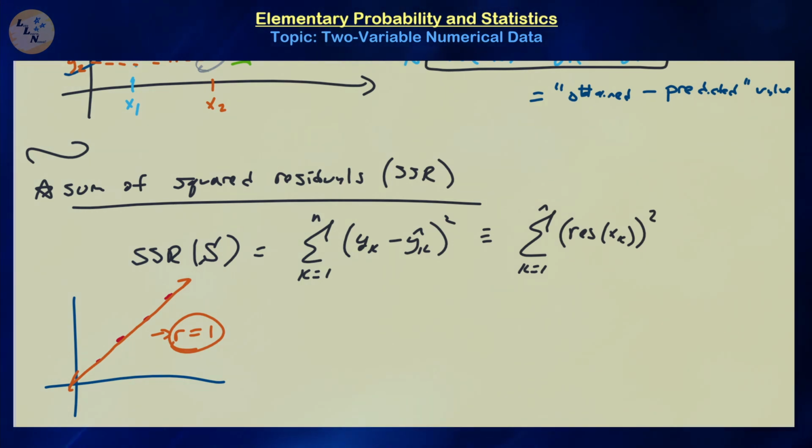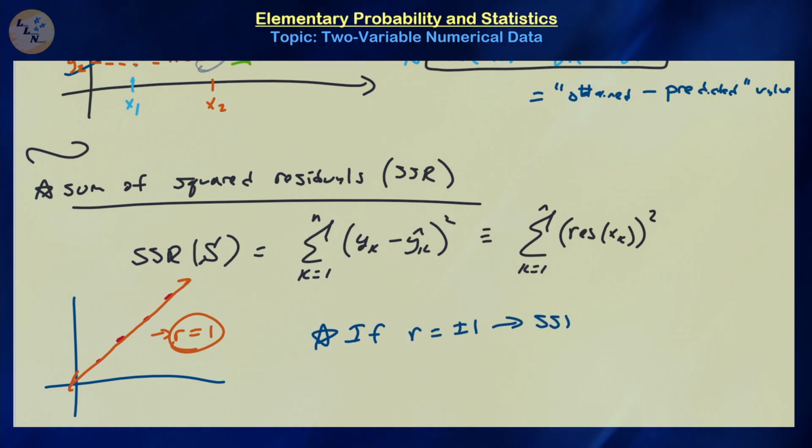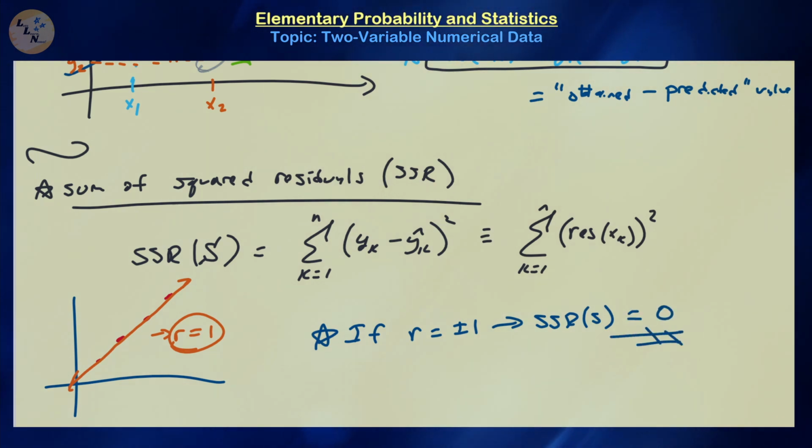That means the distance between the values and the line is equal to 0 for all of the particular points xk. So if r is equal to plus or minus 1, and this is actually an important property, then the sum of squared residuals for that particular set S is going to be exactly 0.